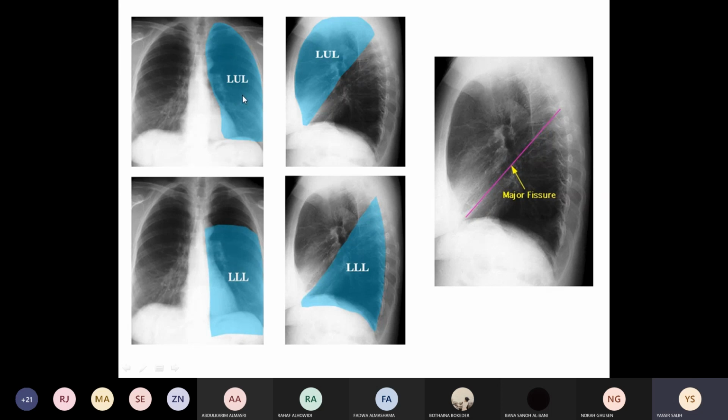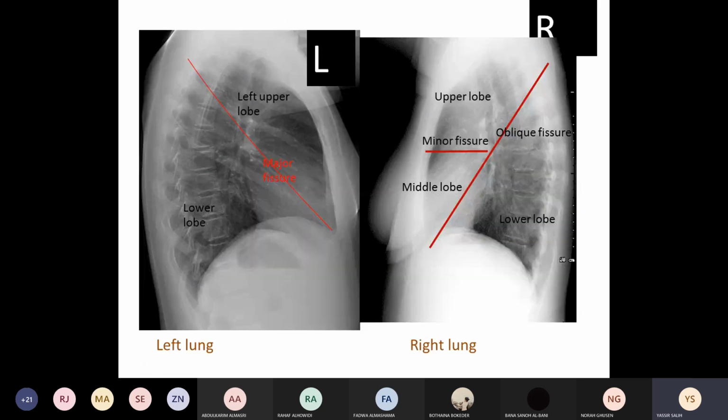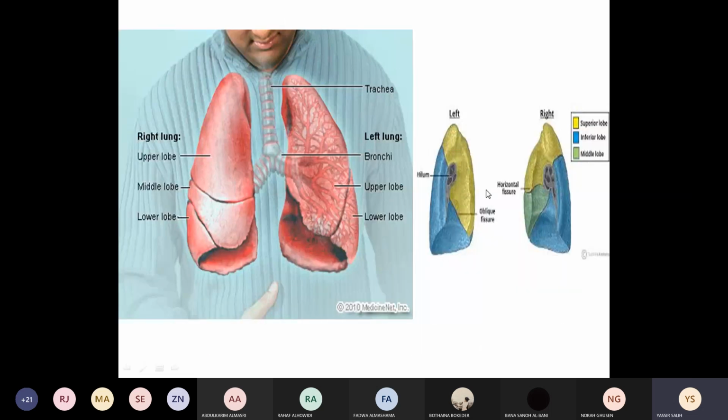Because, as we said, they are superimposed. Why? If you notice in this diagram, we may have a lesion in this area and I do a chest X-ray. The X-ray will pass through this part and this part. If there is a lesion here or in this area, it will appear on the same side on the chest X-ray, because they overlap.